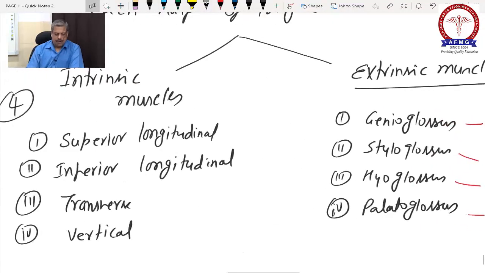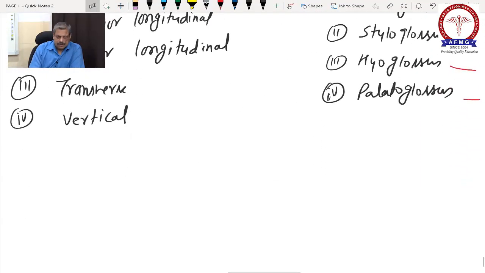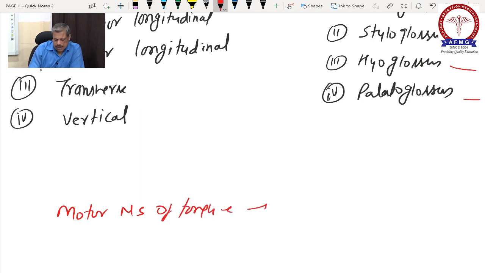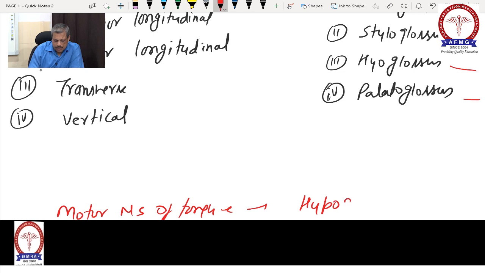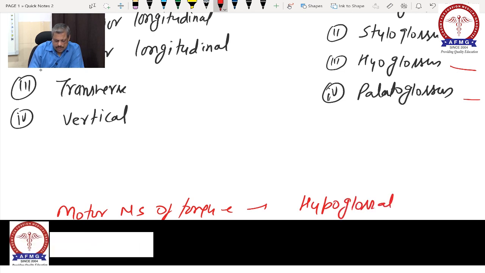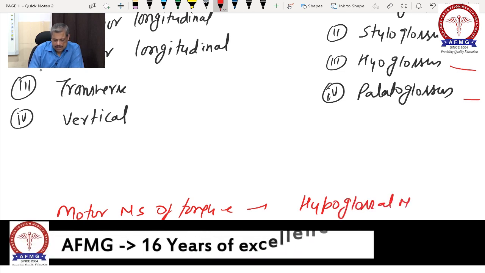Now see what the nerve supply is. Nerve supply of a muscle is ever a motor nerve supply. So what is the motor nerve supply of the tongue? The motor nerve supply of the tongue is the hypoglossal nerve. Hypoglossal nerve is the 12th cranial nerve.